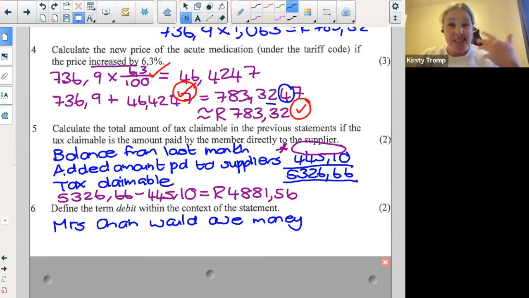So when something is in debit on the statement, it means that Mrs. Chang owes money. Finished. Done. 2 marks. Where would we get our 2 marks? We would get our 2 marks by saying that Mrs. Chang owes money.